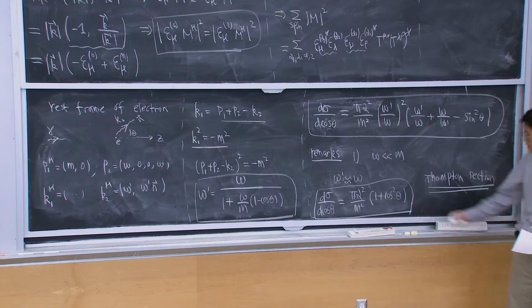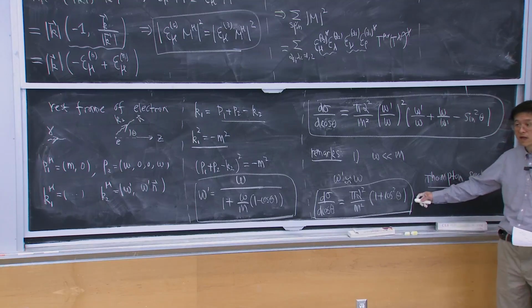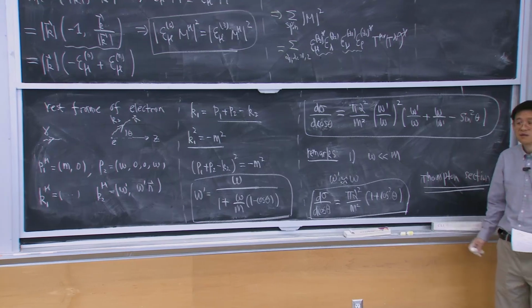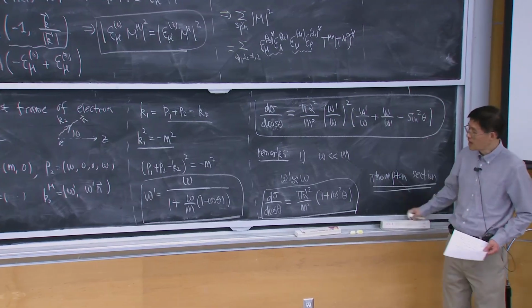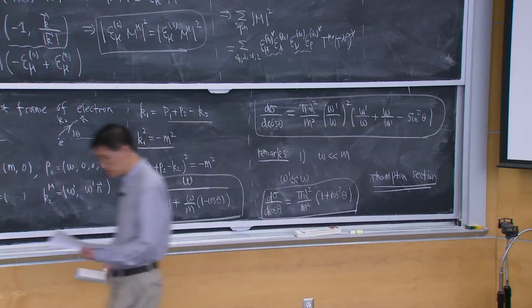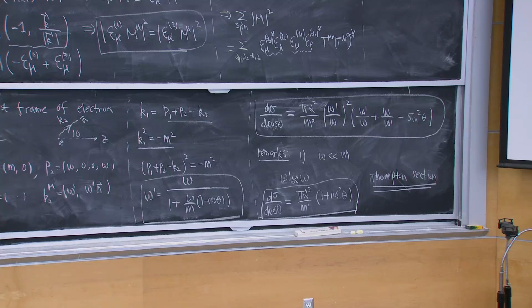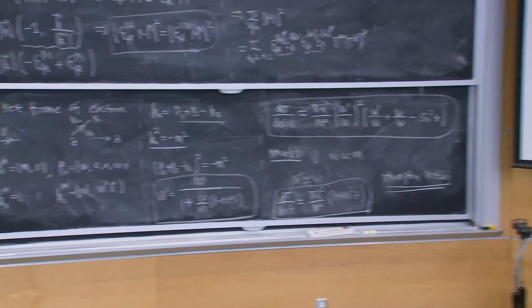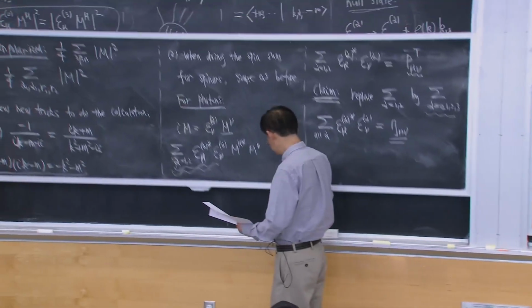This is a result already known in the 19th century. So how did people derive this formula in classical electrodynamics? You do it this way.